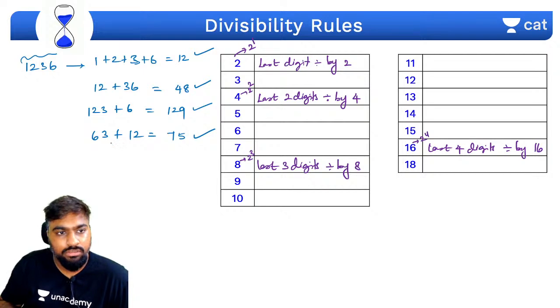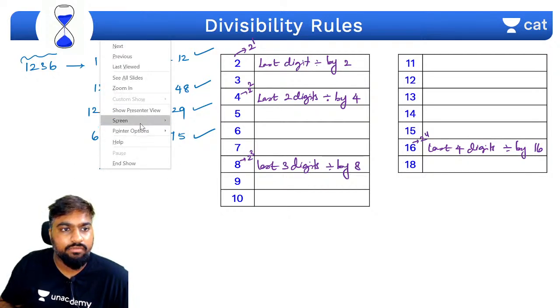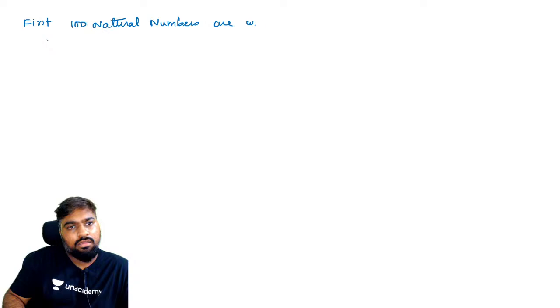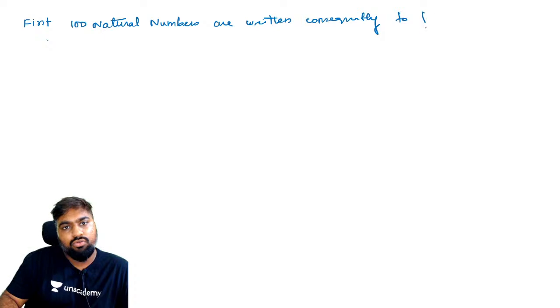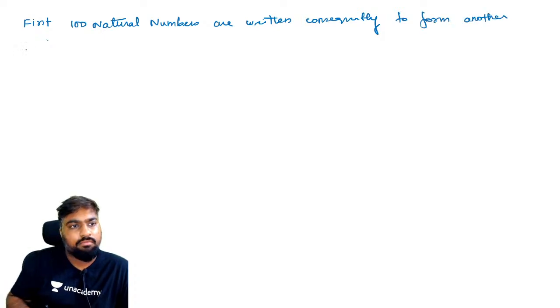Cool? Yes. So if I were to give you a question here, will you be able to answer it? First 100 natural numbers are written consecutively to form another number.